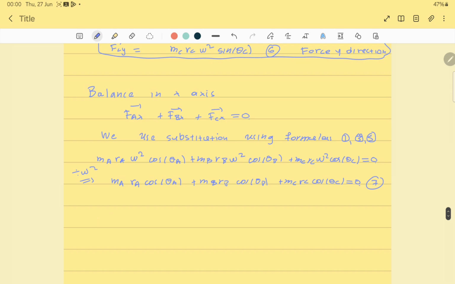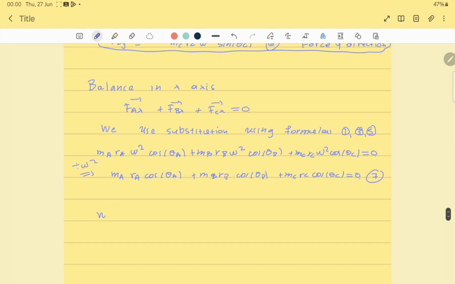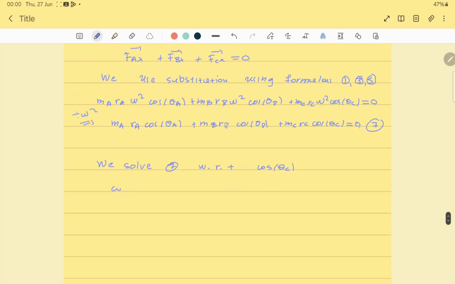We solve 7 with respect to cos theta C. So cos theta C equals minus MA RA cos theta A plus MB RB cos theta B, divided by MC RC. This is equation number 8.